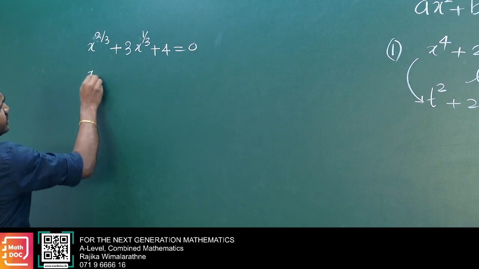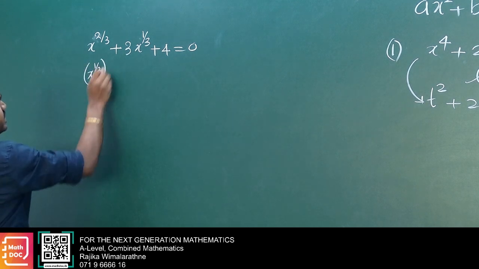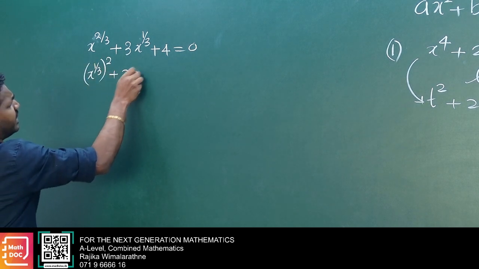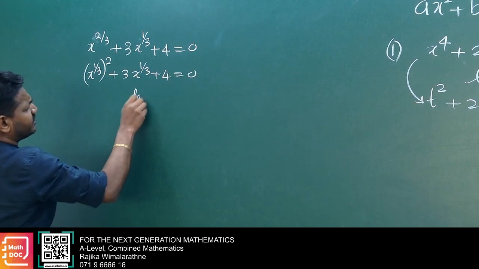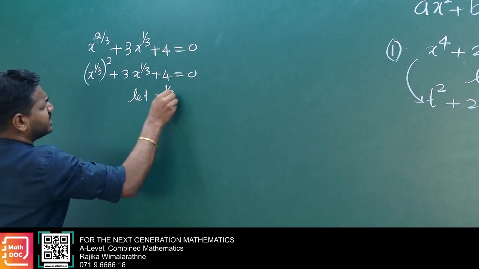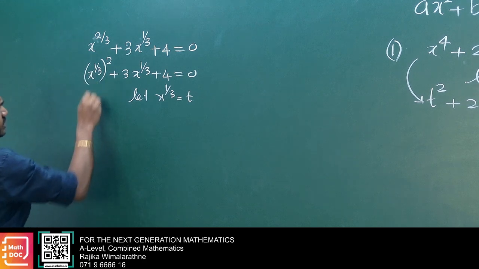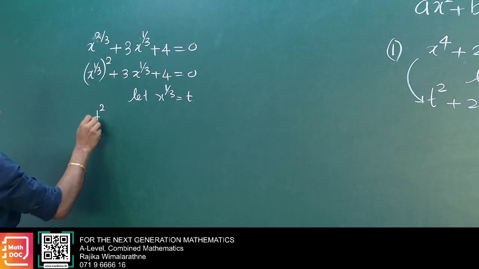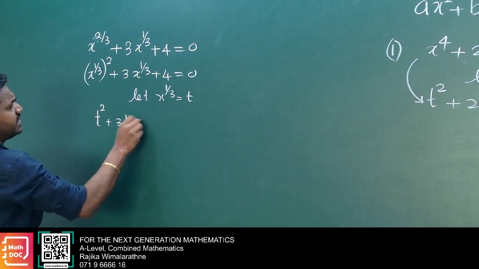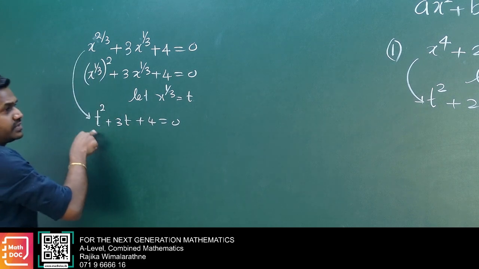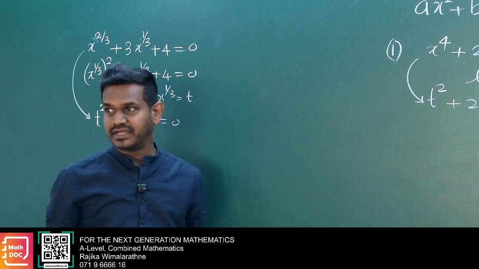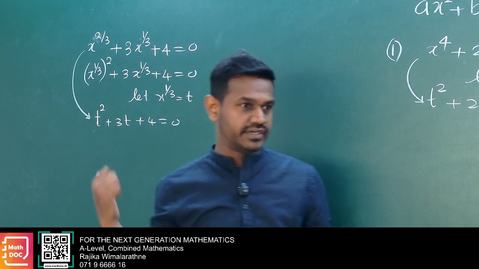Then you write (x to the power 1/3) squared plus 3 times x to the power 1/3 plus 4 equals 0. Let x to the power 1/3 equal t. Take this substitution and put it here. Then t squared plus 3t plus 4 equals 0. Now we have reduced that to quadratic format.